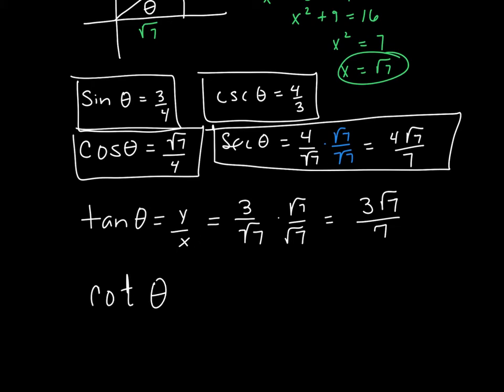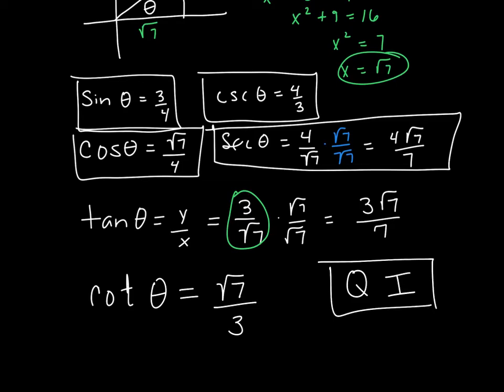The cotangent of theta, we take the reciprocal before we rationalize the denominator, so that will just give us square root of 7 over 3. Now, the reason they're all positive is because they are all in the first quadrant. And that's a really important thing to know.